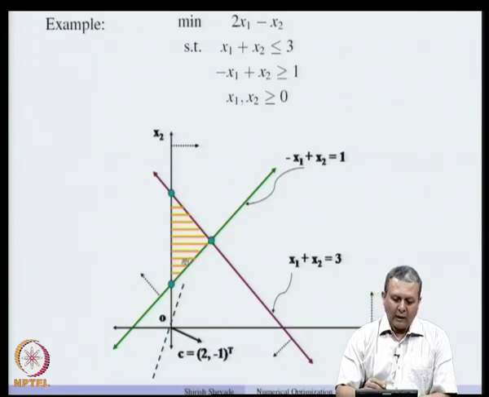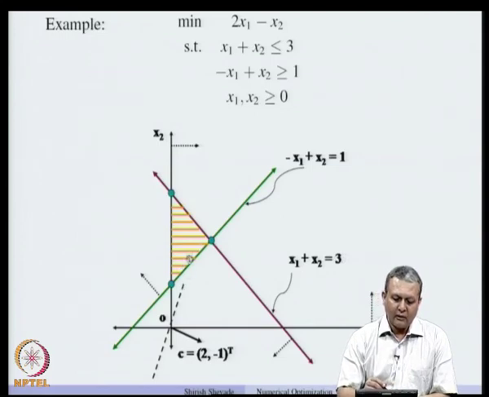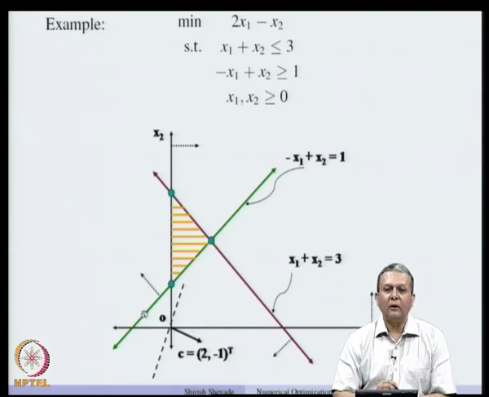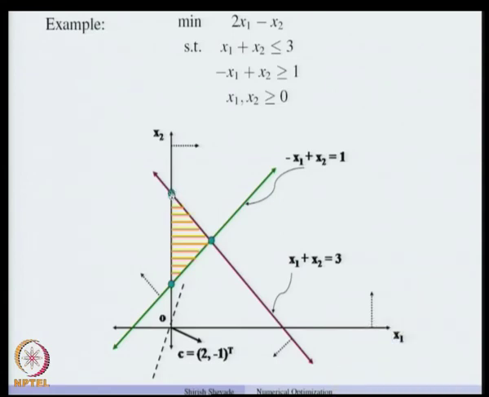So, by looking at this figure, we can conclude that if we place a hyperplane parallel to this passing through this, then as we move in the minus c direction, the objective function value decreases, and finally, when we reach this point, you will see that the objective function value is the least.